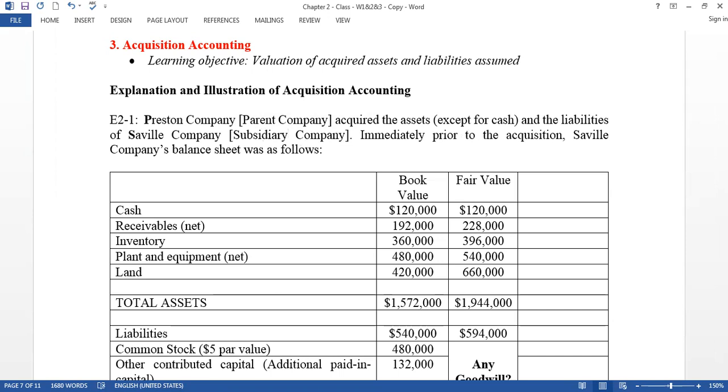So the parent company acquired assets, and please read the question carefully. This question said that you buy their assets, but except cash. And you also buy their liabilities. So you buy all assets except cash, then you buy their liabilities, and immediately prior to the acquisition, the subsidiary company's balance sheet was as follows.